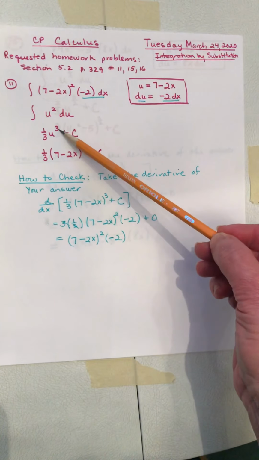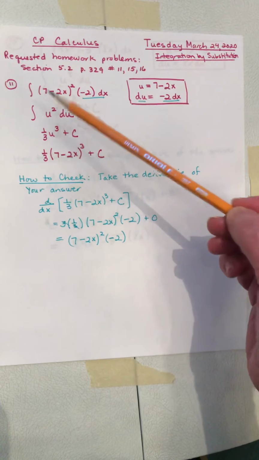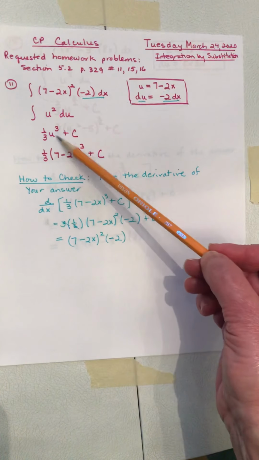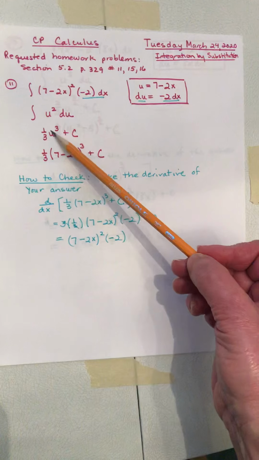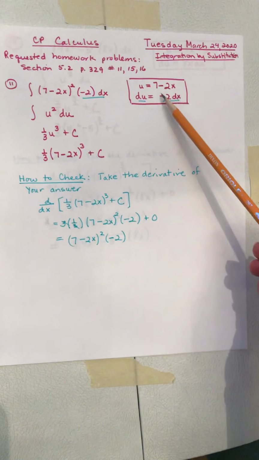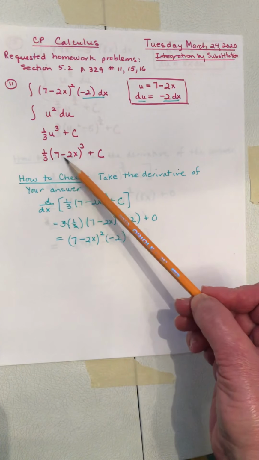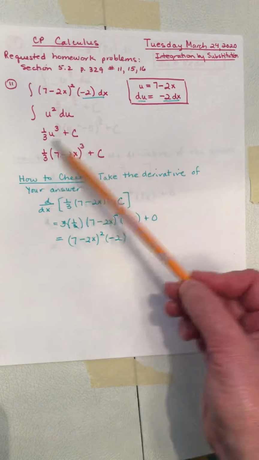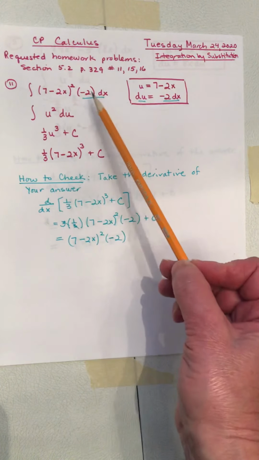We get u cubed. We divide our coefficient, which is 1, by the new exponent. We get 1/3, and then we add a plus c. So we have 1/3 u cubed plus c, and then we take out the u and put the x's back in, which gives us 1/3 times the quantity 7 minus 2x, cubed, plus c. And that's our answer. That is the integral of this quantity up here.